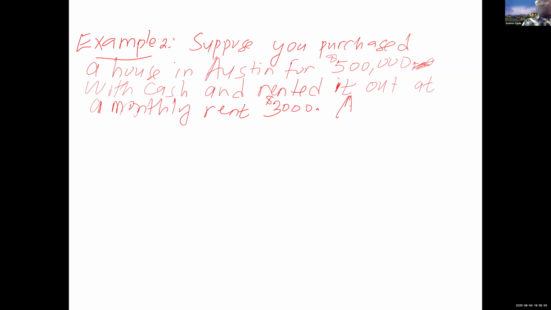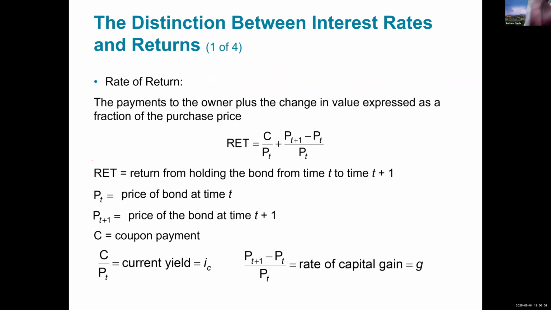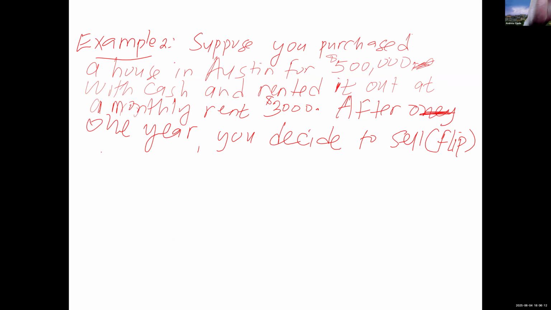And then we say after 1 year, you decide to sell the house, which we also call flipping. When you hold the house, flip the house, sell the house for $550,000.